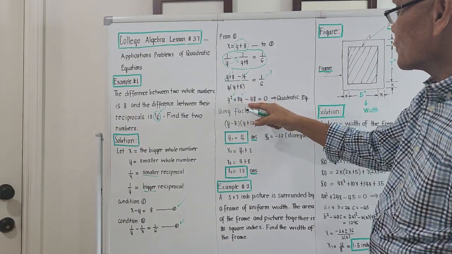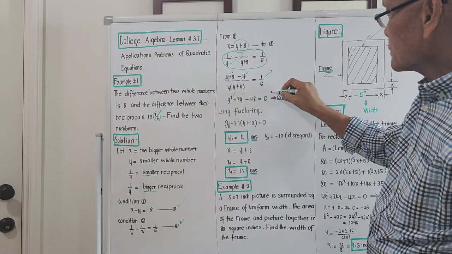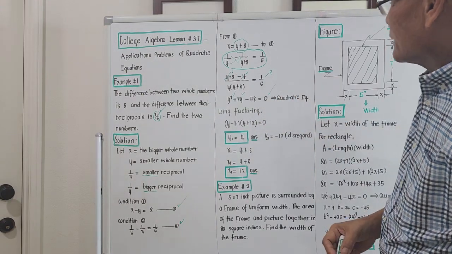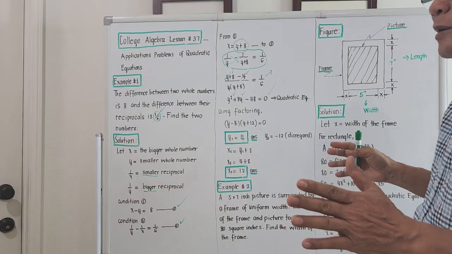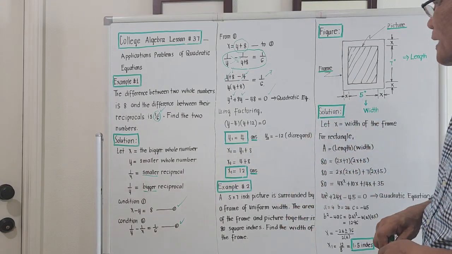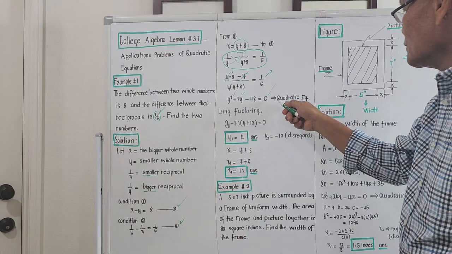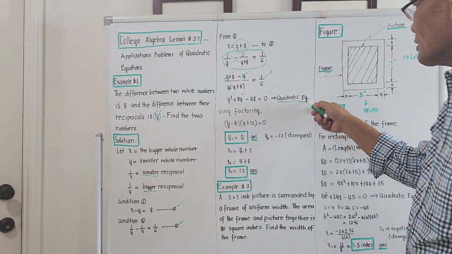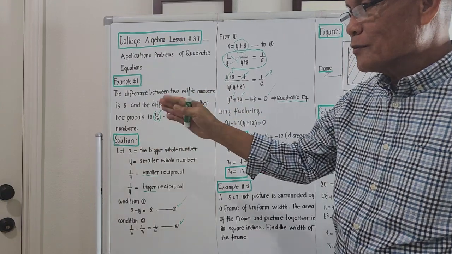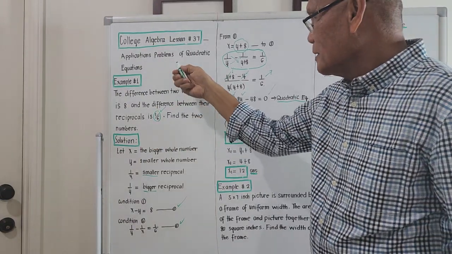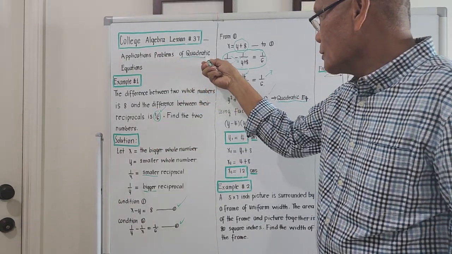So this should be negative 48 and this should be equal to 0. So actually, the resulting equation after the simplification came out to be a quadratic equation. That's why the title of the topic for tonight will be Application Problems that Result in the Formulation of Quadratic Equation.